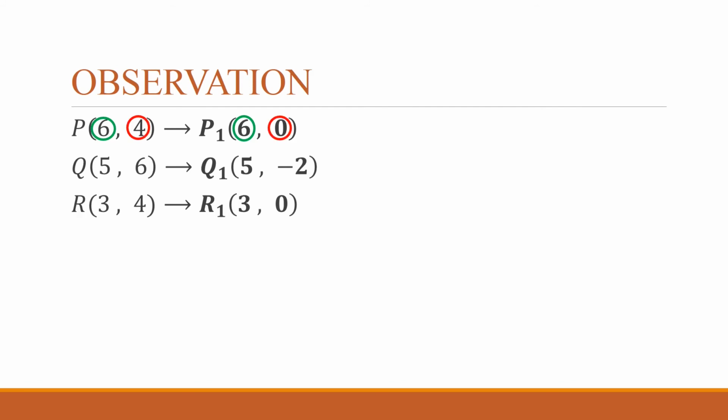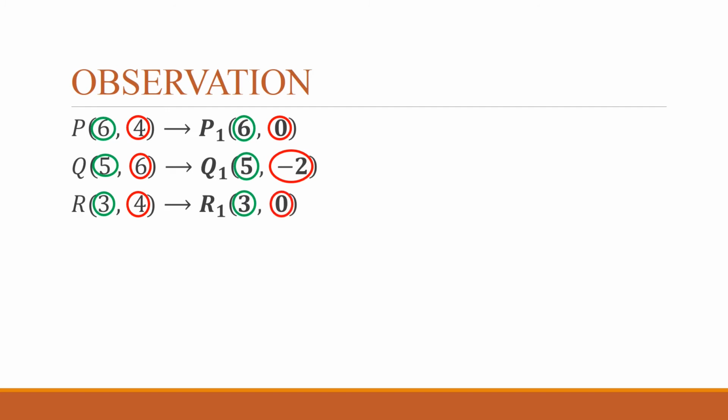The only thing that changed was the y-coordinate, which changed from 4 to 0. And in the second point, Q, the x-coordinate remained the same. The only thing that changed was the y-coordinate, which changed from 6 to negative 2. And the last point R, the x-coordinate still remains the same. The only thing that changed is the y-coordinate, which changed from positive 4 to 0.